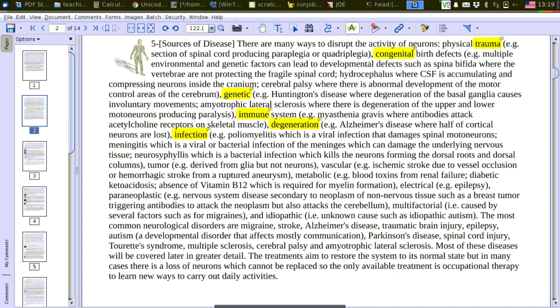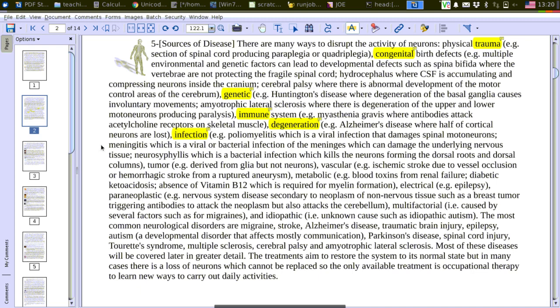The virus enters the body and is attracted to the motor neurons. When it sees motor neurons, it will enter them and reproduce, which will damage and kill the motor neurons.